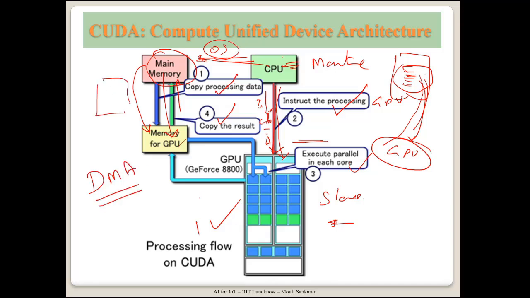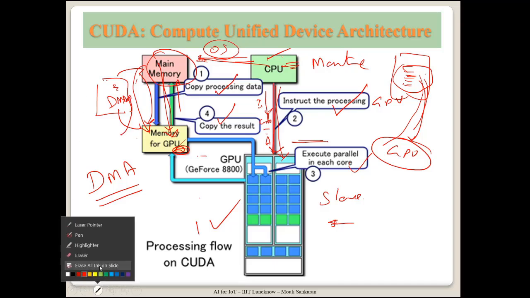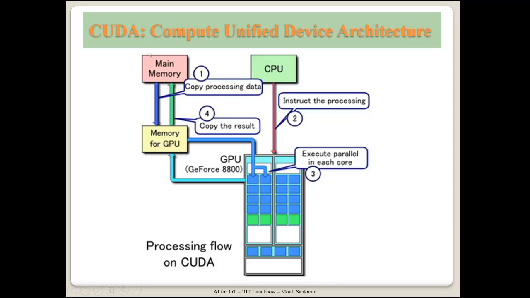There is another hardware, DMA, which is programmed to copy from this to this without the CPU's involvement. So CPU programs it and leaves it, and the data is copied here. Similarly, when the GPU puts the result, the DMA copies it back. Remember, they cannot access each other's memory, but there is another hardware which takes care of copying between them.